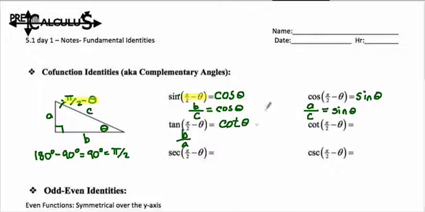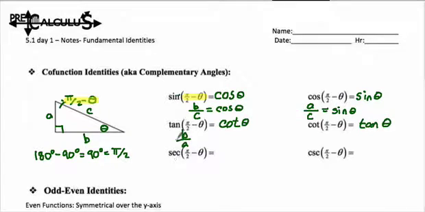So you can see that there's a pattern here that I've set it up so that your sine goes with your cosine, and your tangent goes with your cotangent. You can go ahead and do this, or you can take my word for it that this is going to be tangent theta.